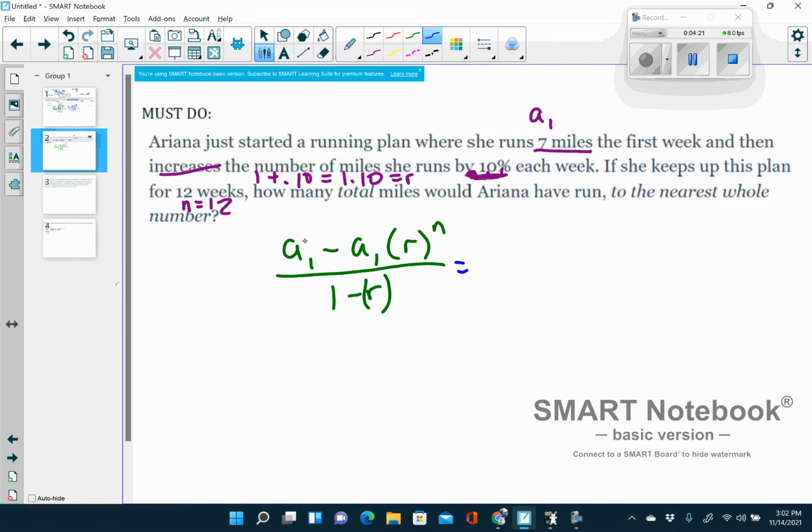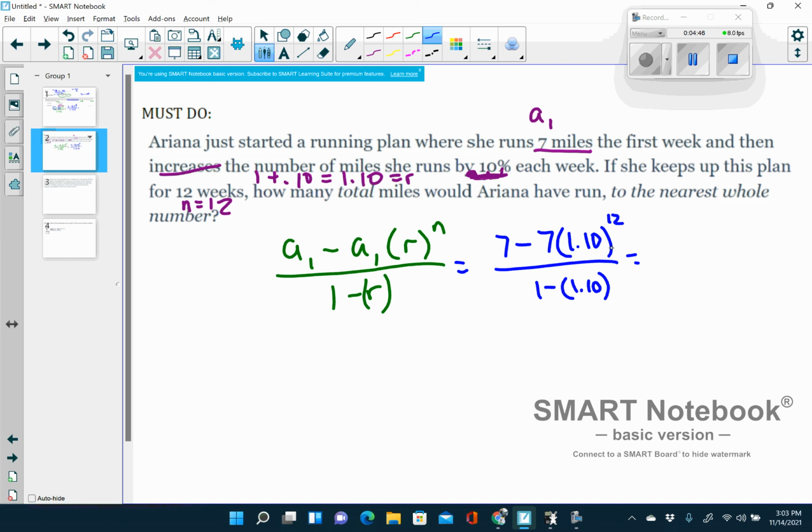Our A1 is 7. She started off going 7 miles, minus, you put the 7 in again. Parentheses, our R, we just figured out, is 1 plus 0.10, which is $1.10. So 1.10 to the n power, here in this case 12, all over 1 minus, and our R again is 1.10.